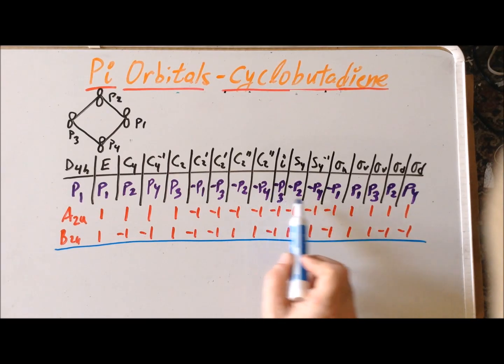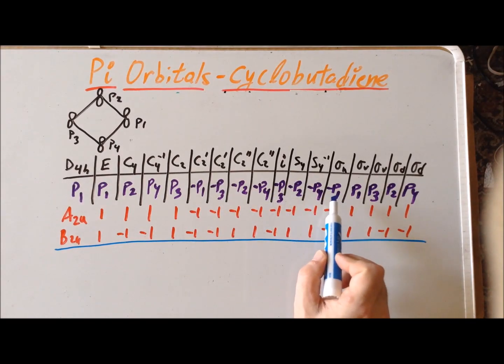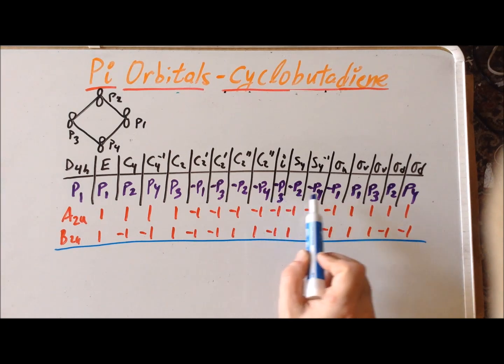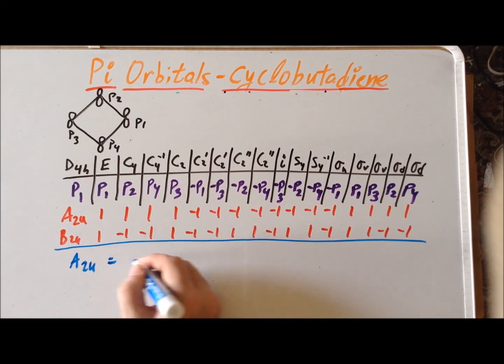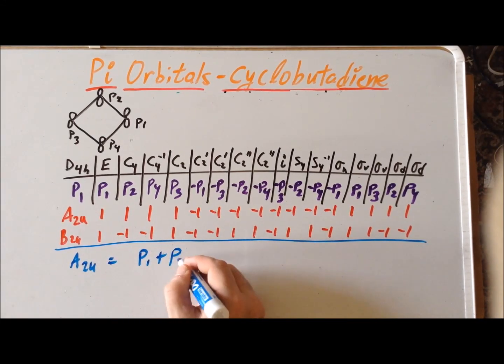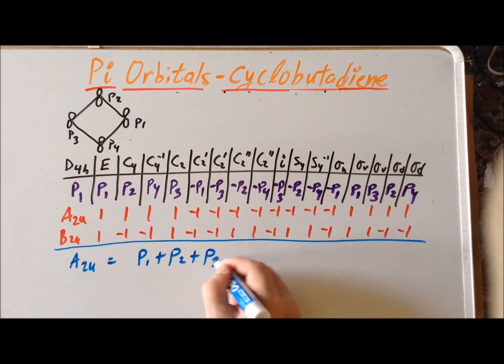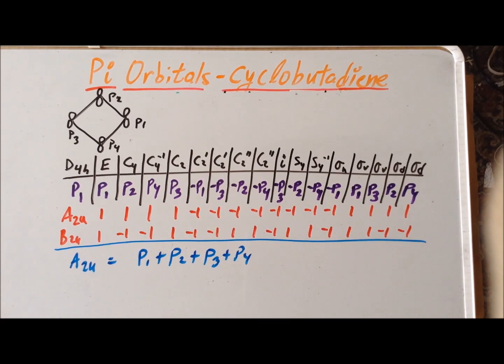Minus 1 times these particular sets of terms will again give us P1 plus P2 plus P3 plus P4. So this all reduces down to, for A2U, P1 plus P2 plus P3 plus P4. If you know about normalization, we would add a normalization constant, but that doesn't affect the general appearance of the molecular orbital. So that gives us a formula for the A2U pi system.